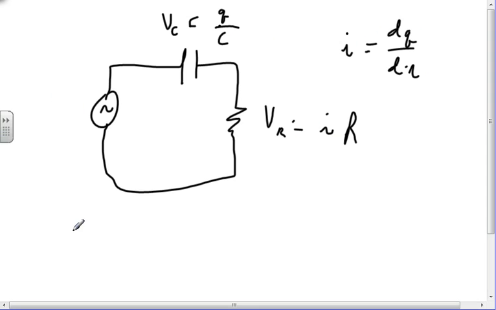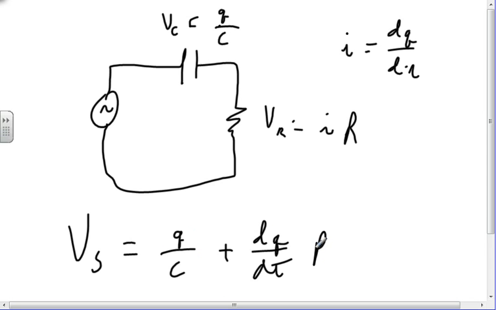So my voltage source is going to be Q over C plus dQ/dt times R.